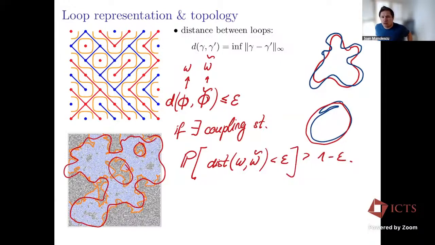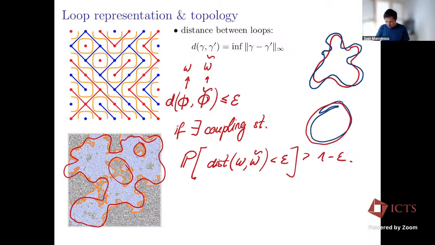Okay? So this is the way you consider distances between families of loops and then measures on families of loops. All of this is a little bit non-quantitative. You can render everything quantitative if you want, but it doesn't really matter so much.